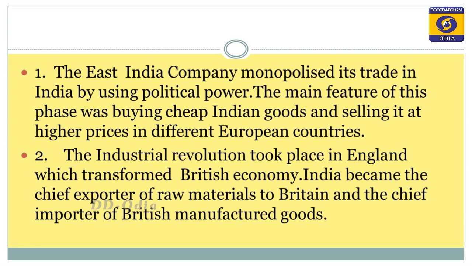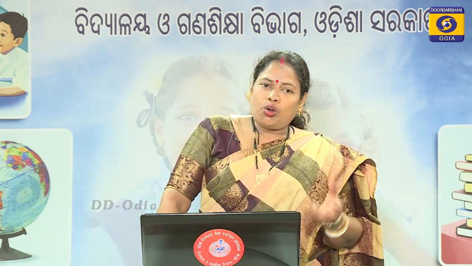So, during the first phase, they monopolized the trade, bought Indian goods at a cheaper rate, and sold those articles at higher prices in different European countries, so that they could get profit and develop their economy.